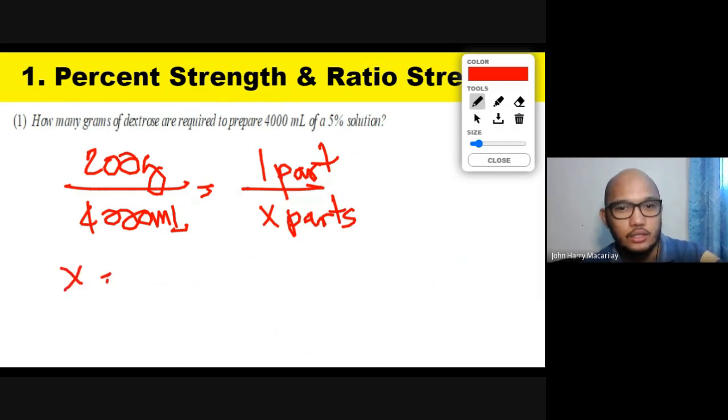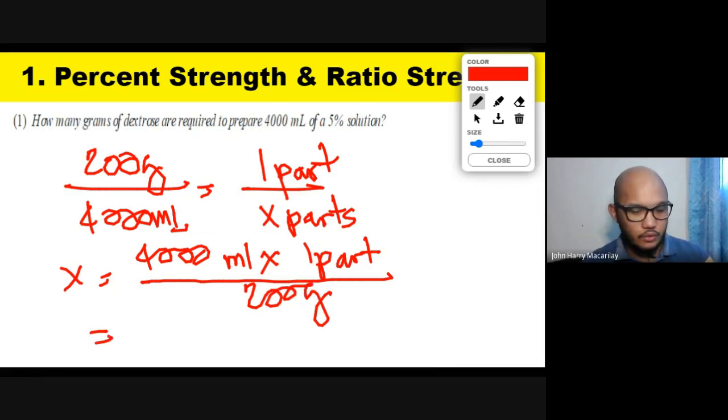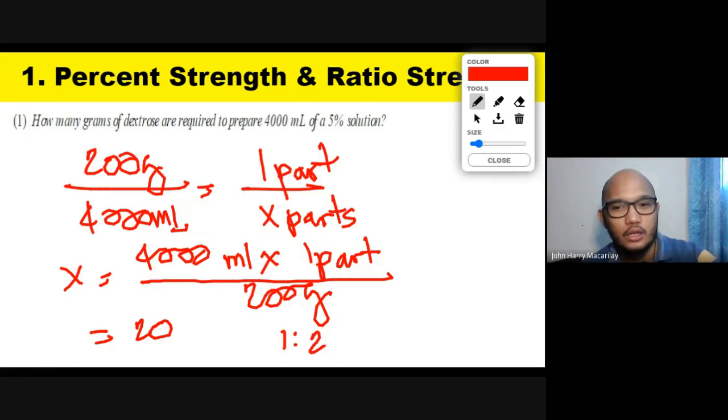So X equals 4,000 ml times one part divided by 200 grams. The answer would be 4,000 times 1 divided by 200, which is 20. It means you will be using a total of 20 parts for the total solution. The ratio strength now is equivalent to 1 is to 20.